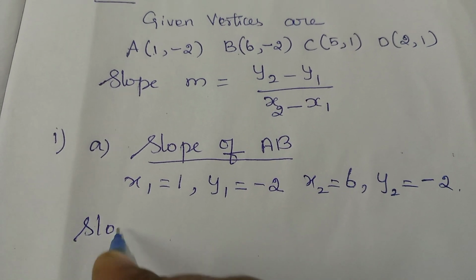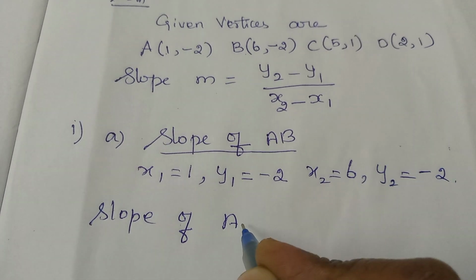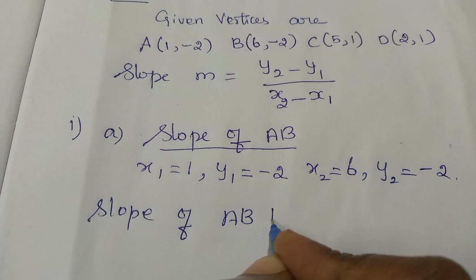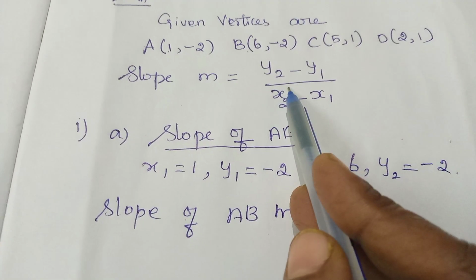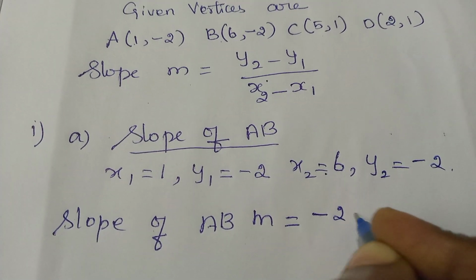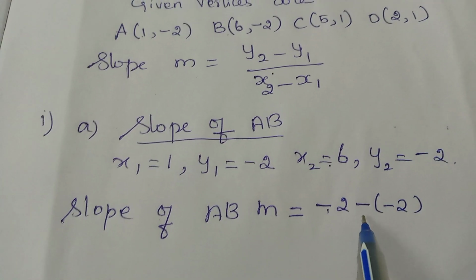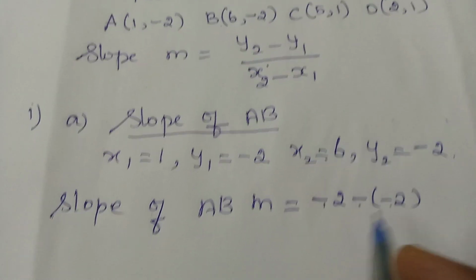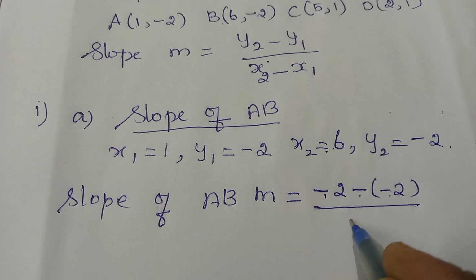Slope of AB, m is equal to, let's substitute these values in this formula, y2 minus y1, that is minus 2 minus minus 2, divided by x2 minus x1, that is 6 minus 1.